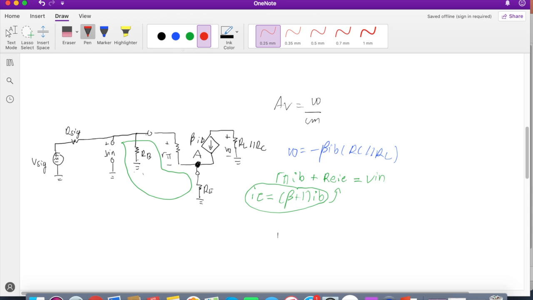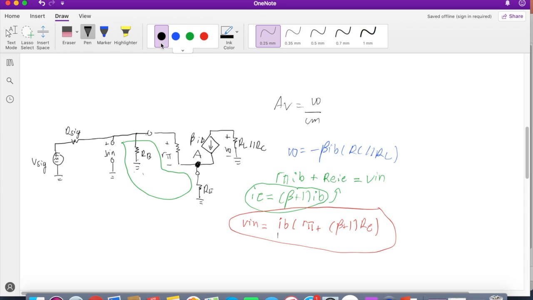So we can write this new function for Vin as Vin equals IB times R pi plus beta plus 1 RE. So this will be our new function for Vin. And now we can see, once we divide both of these, the IBs will just cancel out and we'll be left with given numbers so that we can easily solve this.